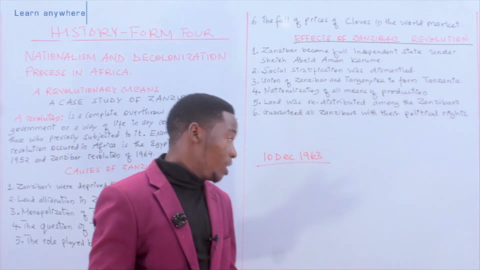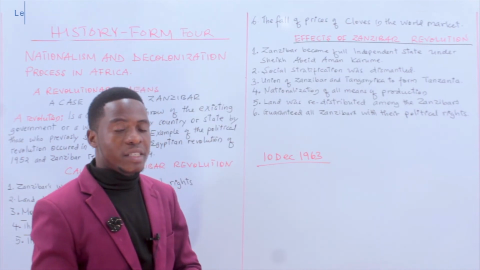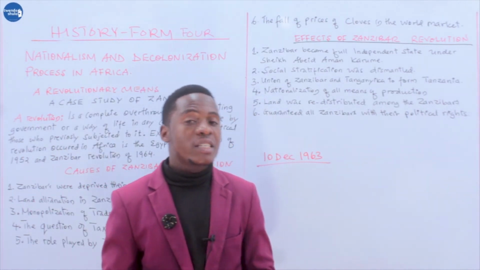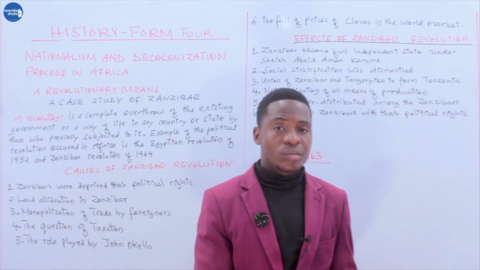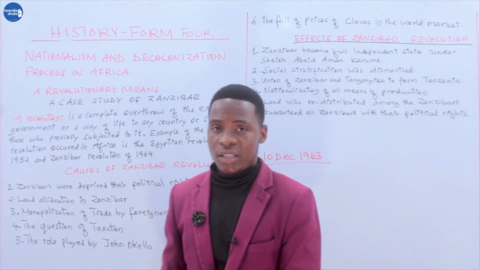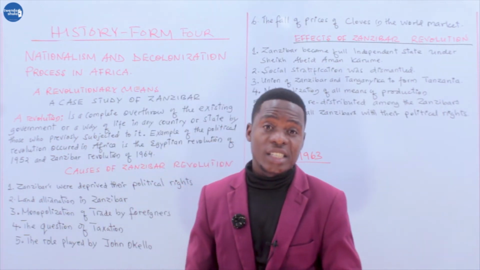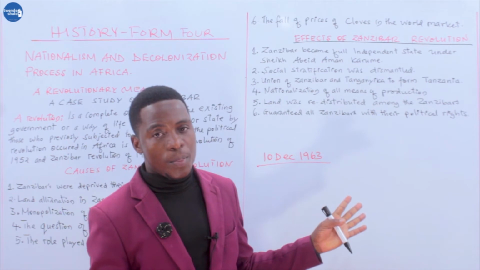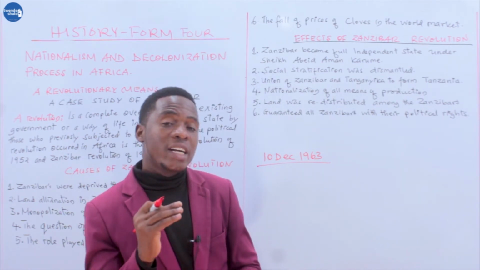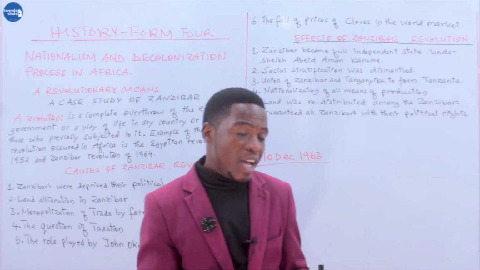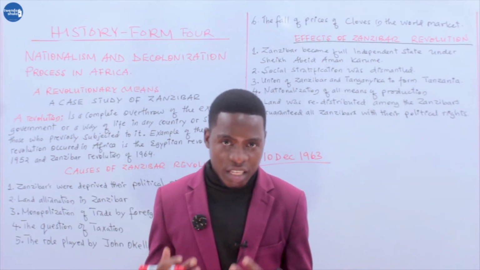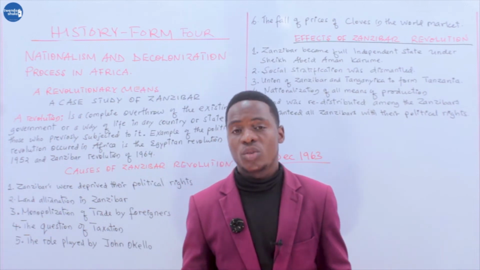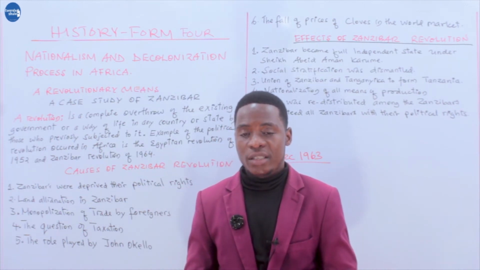The independence granted by the British government was just independence for the Arabs. The natives, the people of Zanzibar, were still suffering the same domination from the Arabs. Therefore, there was a need to overthrow the government in order to form their own government, where they would be able to exercise their political, social and economic affairs.